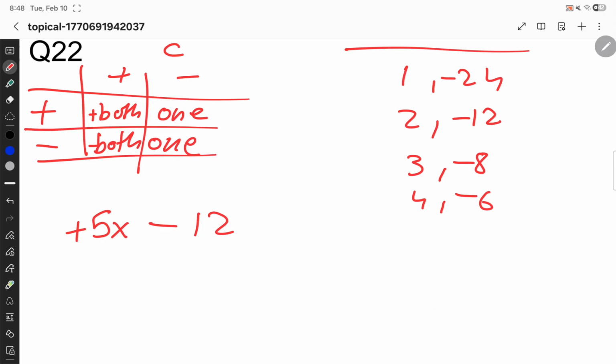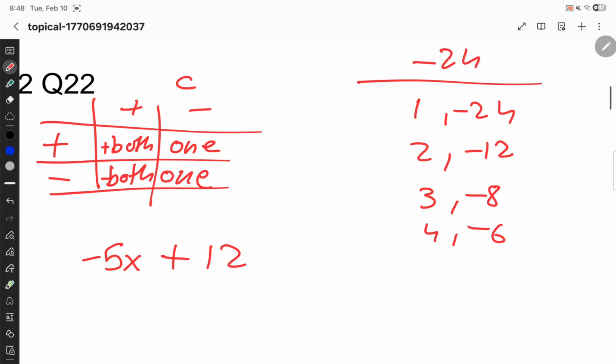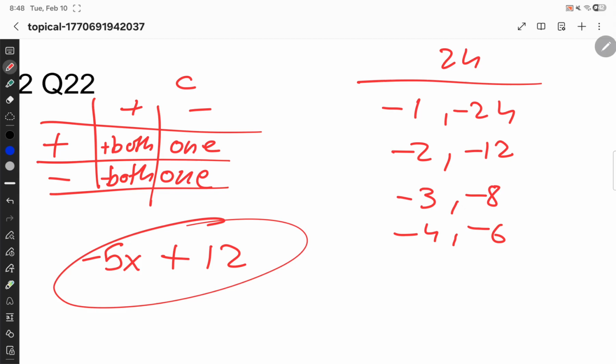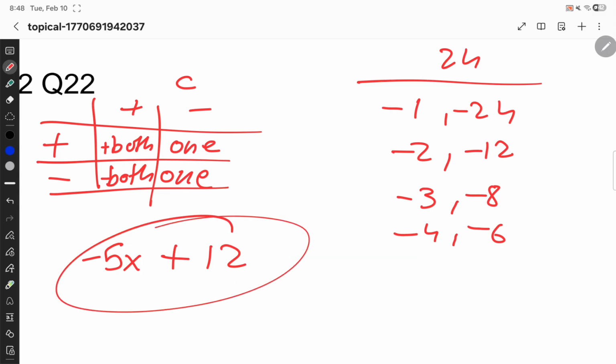Next, if C is positive and B is negative, then this will call for both rows being negative. Got it? Because negative times negative is positive, and if we add two negatives, it will give a negative, obviously. So that's how we do it. And this is also an impossible case for the question we have chosen right now.